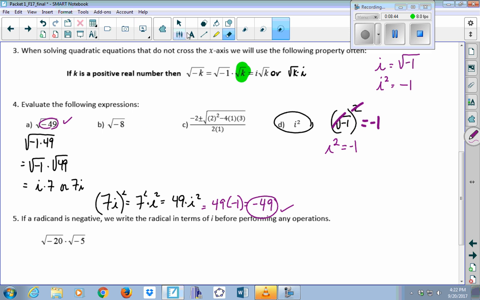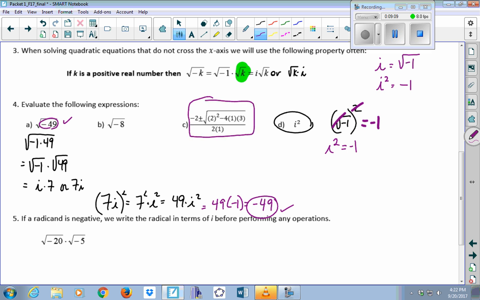All right, so let's take a look at C. You should recognize C as part of the quadratic formula, the solution to the quadratic formula for x. So we're not solving anything here. We're just trying to simplify this expression right here. How would we simplify this expression?